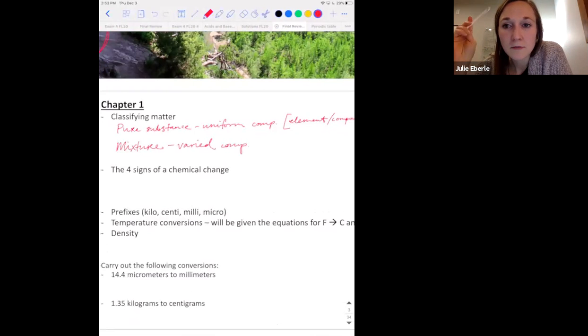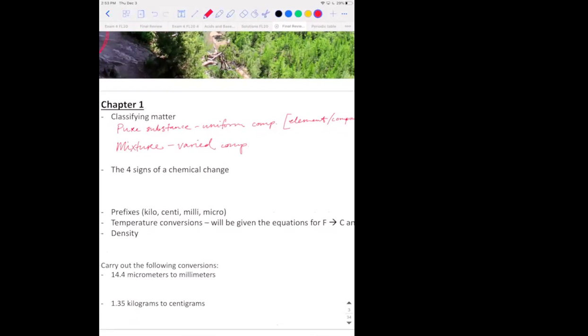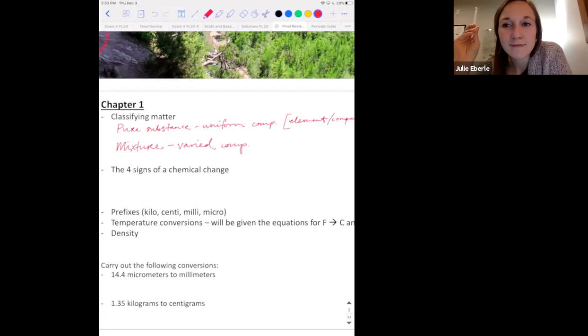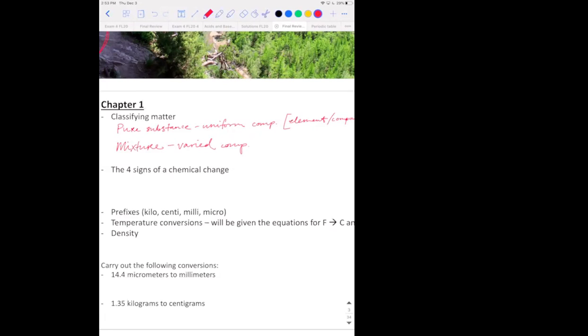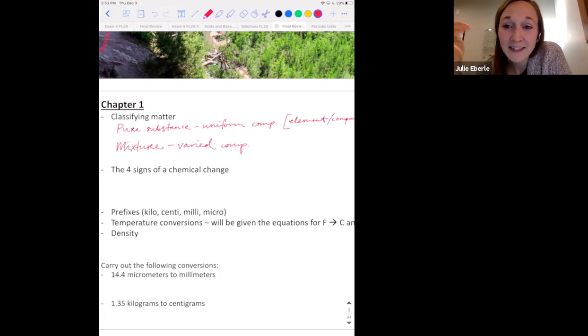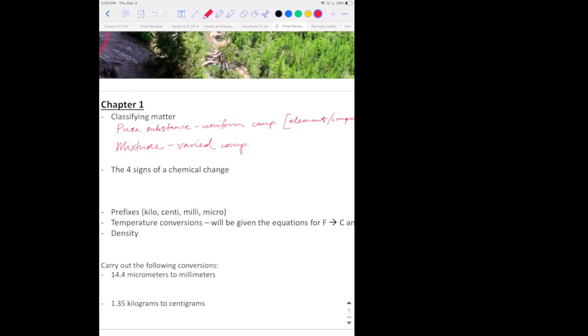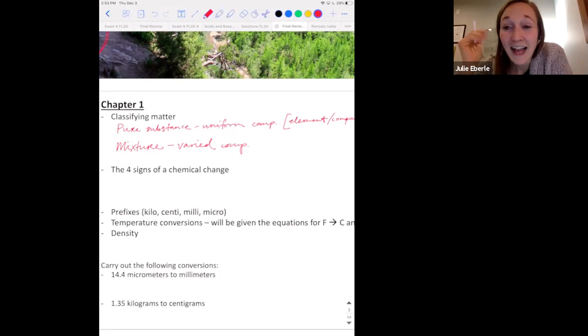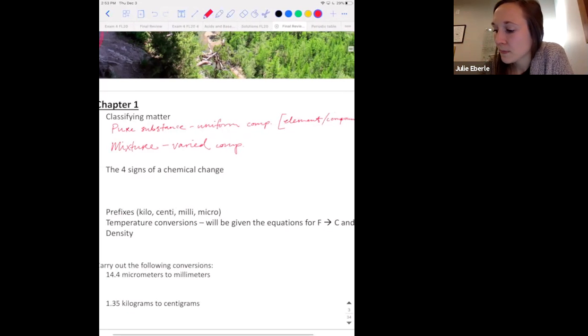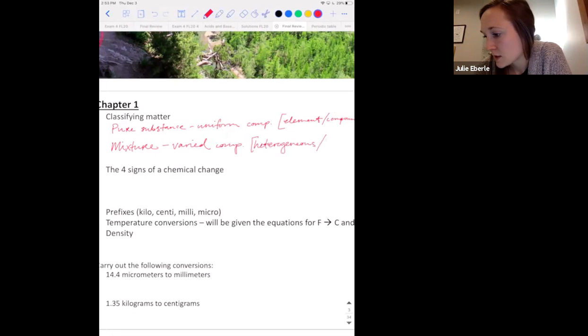Homogeneous and heterogeneous, any way you want to say it. Those are the two kinds of mixtures. And so this is heterogeneous or homogeneous.